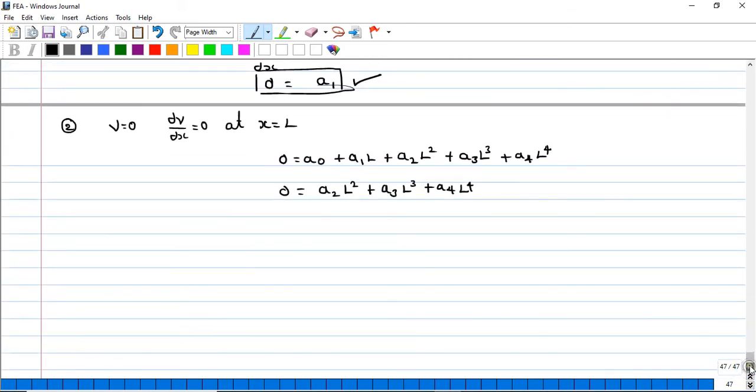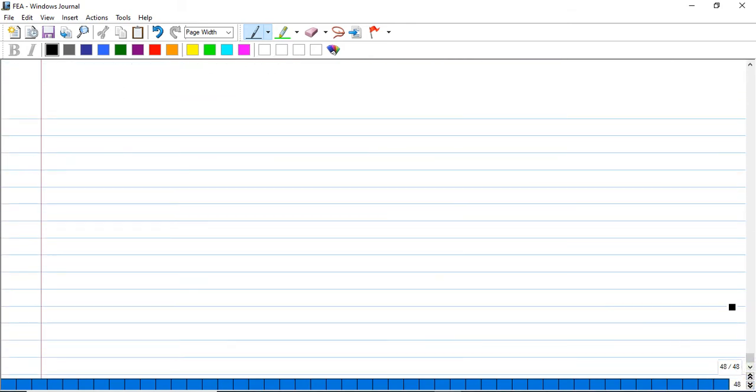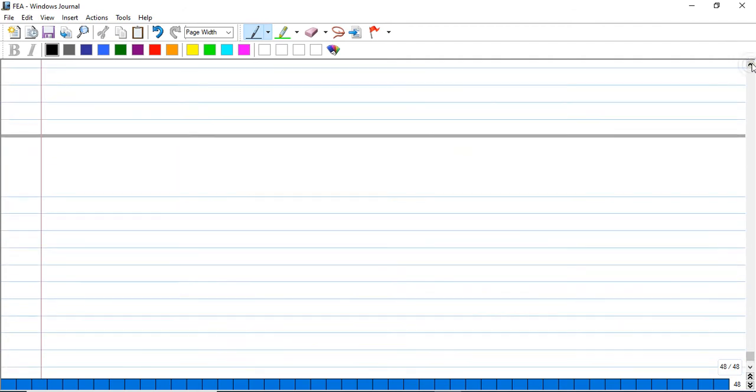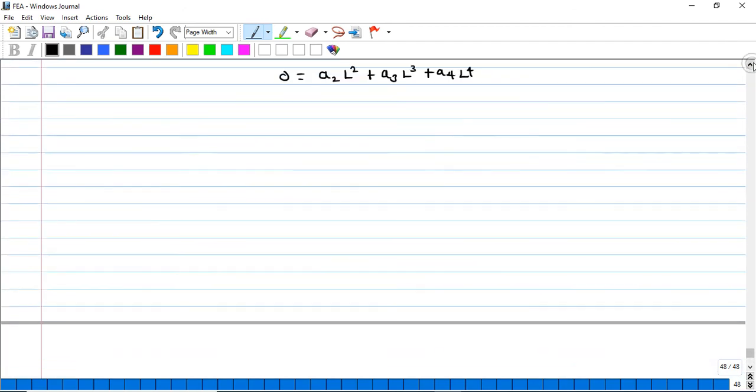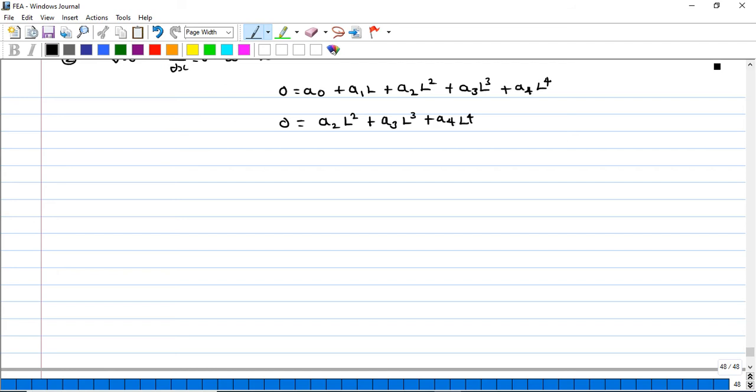So now I can rewrite this in terms of a2. a2 is equal to, I can divide by L square, so I will write this as complete negative a3 by L, since L cube by L square will be L, plus a4 by L square.